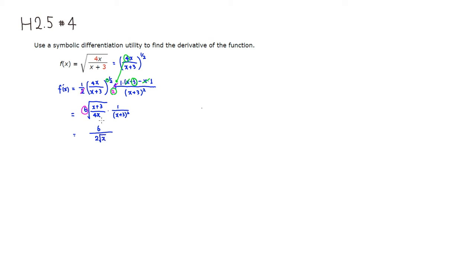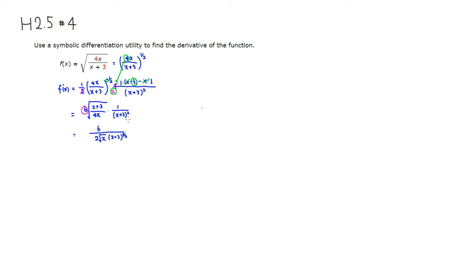Then on top we can do a little bit of cancellation. x plus 3, then there's a square root, so x plus 3 to the 1/2 power. There's a 2 power here, so you're going to have x plus 3, and 2 minus 1/2 would be 3 halves.